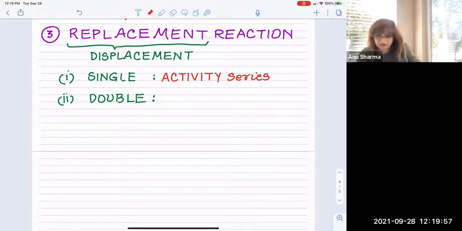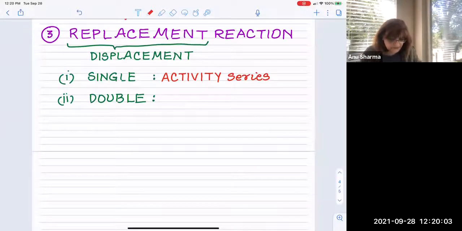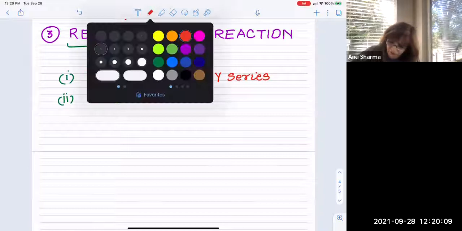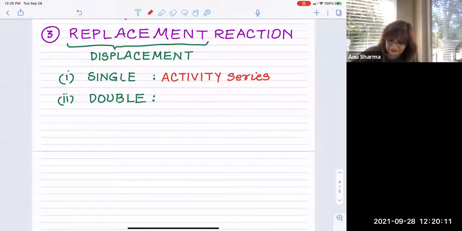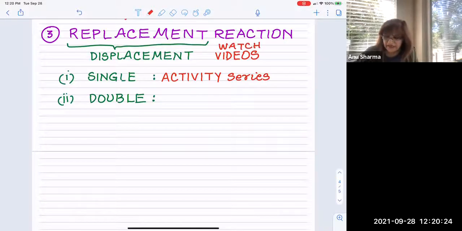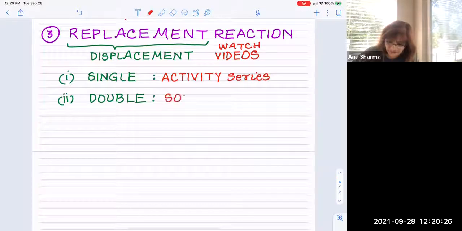And since this is an online class, I don't want to introduce too many details if they're not specifically explained in the book for now. However, there are videos on these, which I have posted separately. So I highly encourage that you watch these videos, specifically on the activity series and solubility tables.